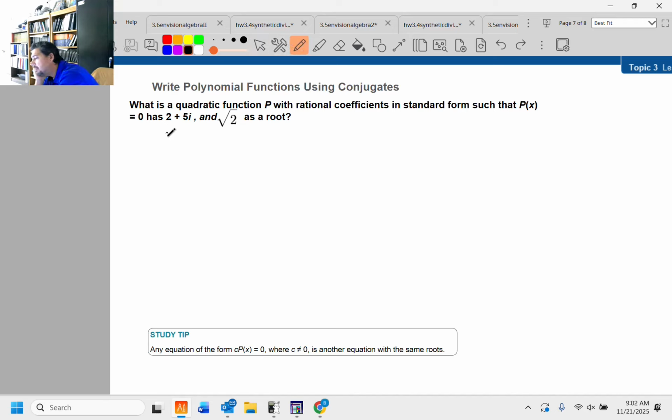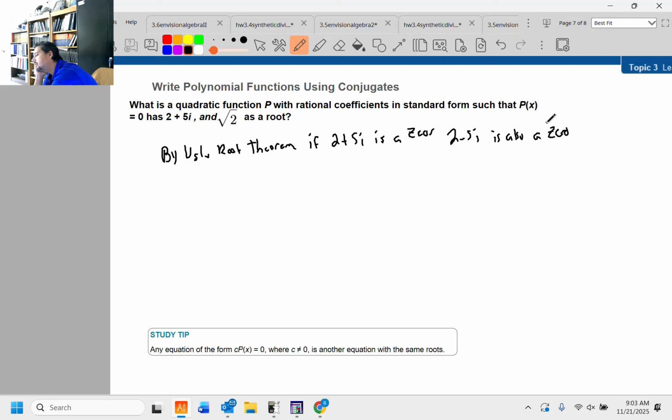So, by the ugly root theorem, if 2 plus 5i is a 0, 2 minus 5i is also a 0. And if the square root of 2 is a 0, negative square root of 2 is also a 0.